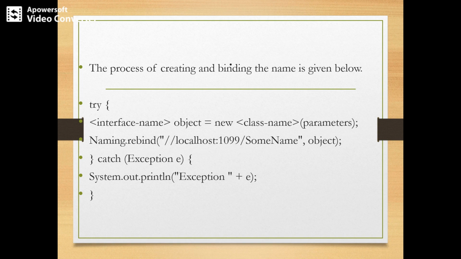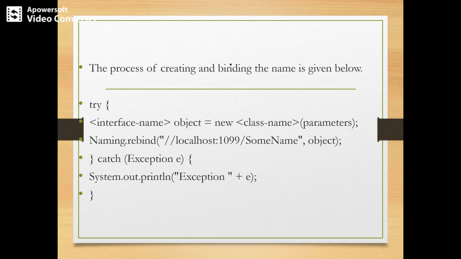So we had discussed just now, that is //localhost:1099, similarly some name that could be taken, and comma object. Here try and catch, catch exception e.